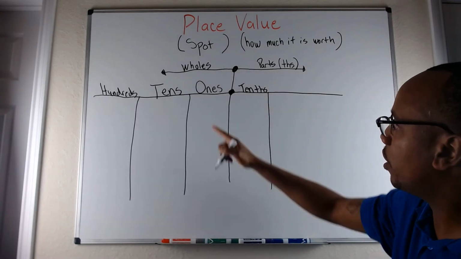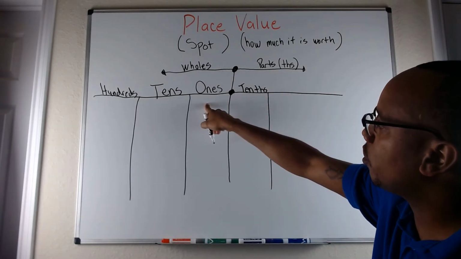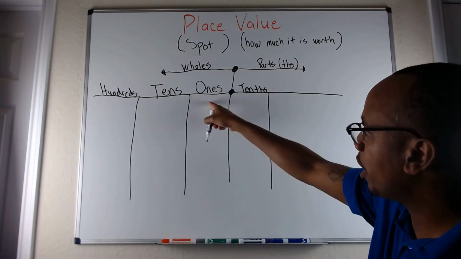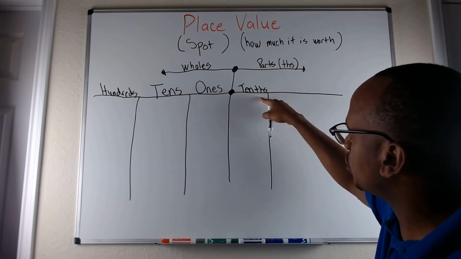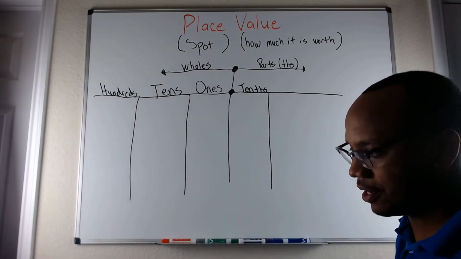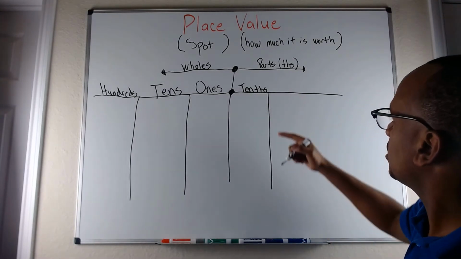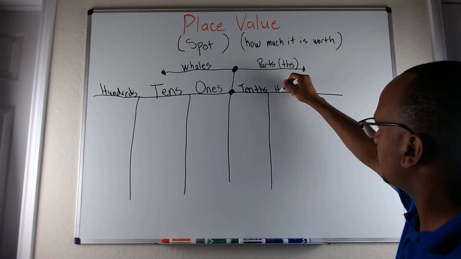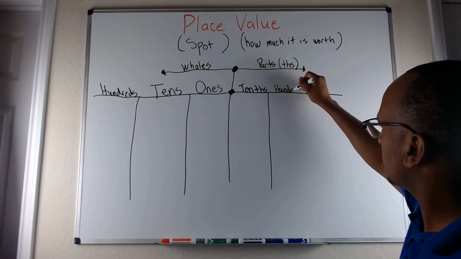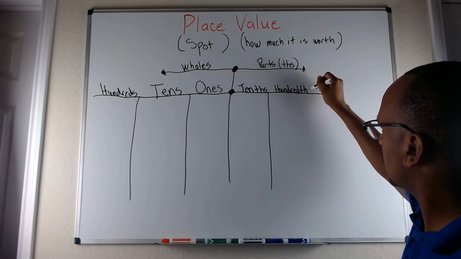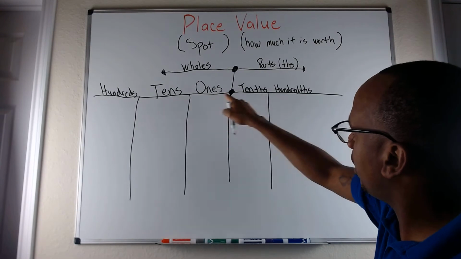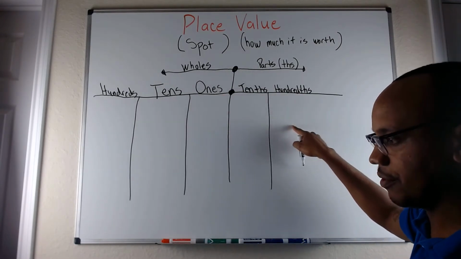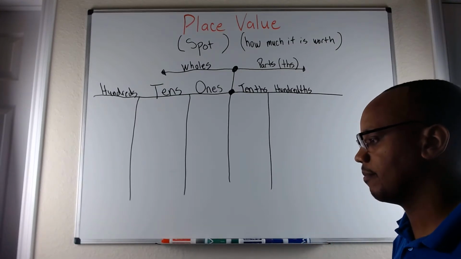That means whatever number is in the whole number spot, if you take one whole and break it into 10 parts, you'll get this place value right here. Right? So after tenths is hundredths. So if you take one whole and break it into 100 parts, that number will go right here in this place value spot.